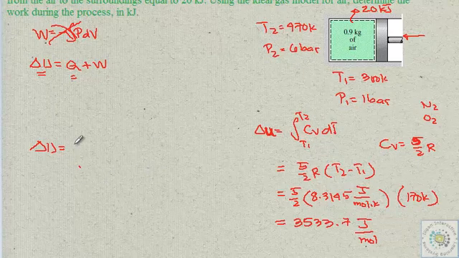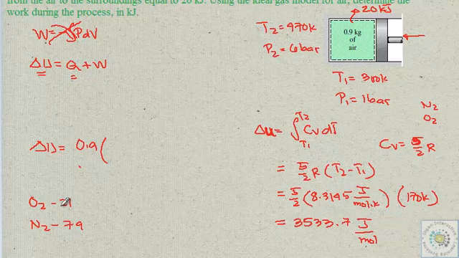So we'll have 0.9 times the molar mass. Air is approximately O2 at 21% and N2 at roughly 79%.